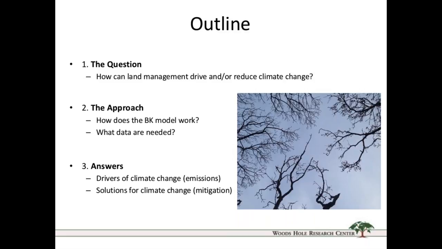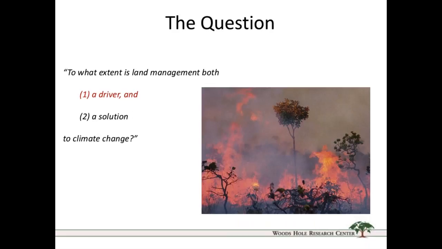First, this is just a repeat of what I've said. To what extent, the question is, can land management either drive climate change or help as a solution to it? We have to, as I just said, go beyond REDD. We have to think about how to manage negative emissions on land.